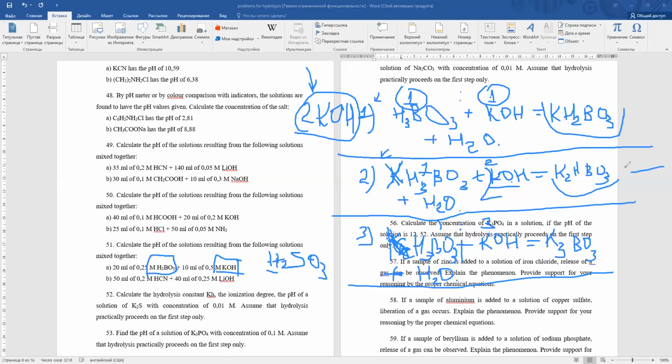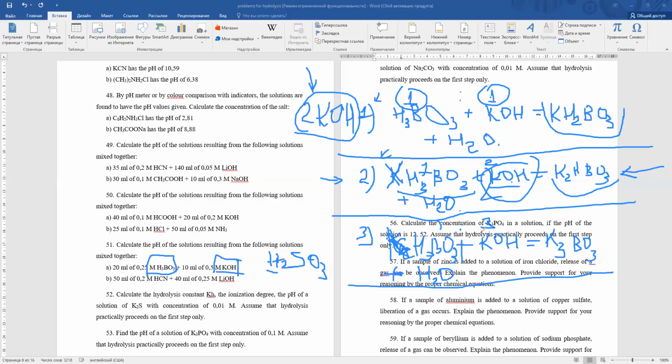That's why the second stage is the final reaction, and the summary equation of this reaction should look like this. Overall, you've spent two potassium hydroxide for the 1 mole.